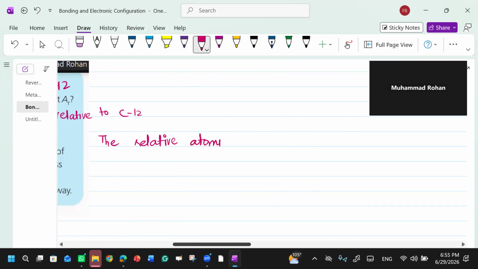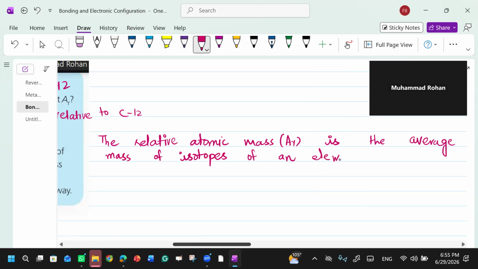The relative atomic mass, Ar, is the average mass of isotopes of an element compared to the carbon-12 atom. Clear?